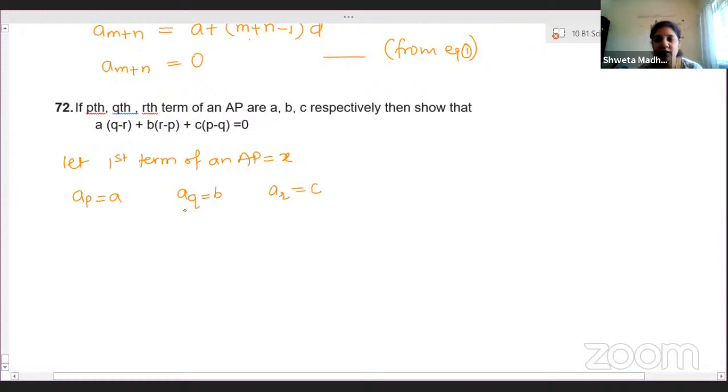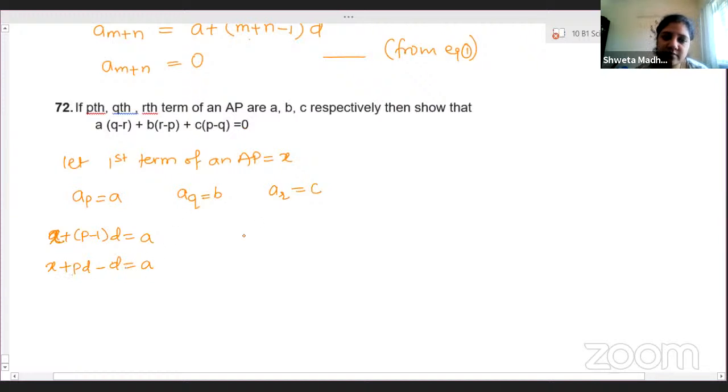So write this in the formula. a_p means, sorry, a is not a, it is x. We have taken the first term as x. Then open the bracket, x plus pd minus d is equal to a.